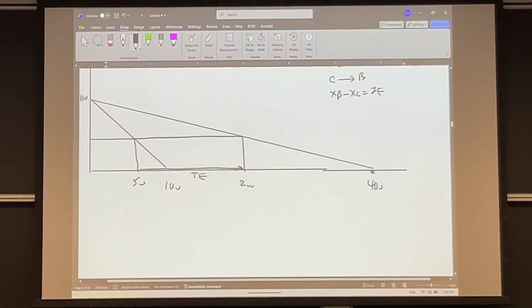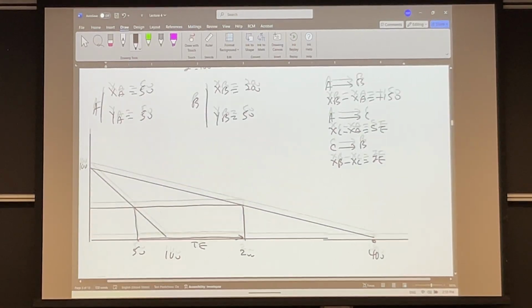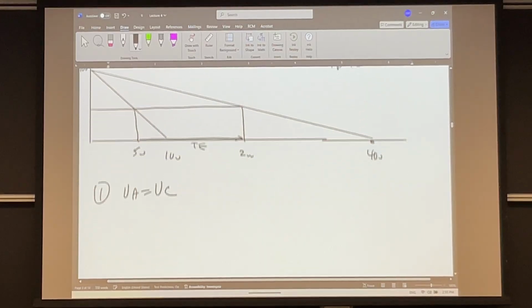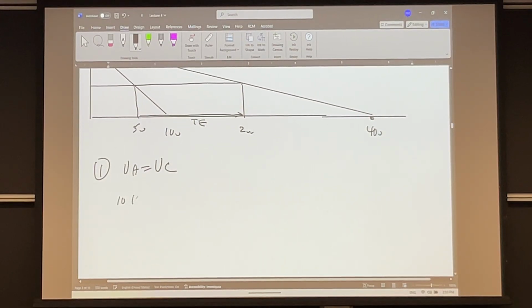What's the first characteristic of C? It's the same satisfaction as A. Plug A there: 10, 50^0.5, 50^0.5, equals 10, XC^0.5, YC^0.5.